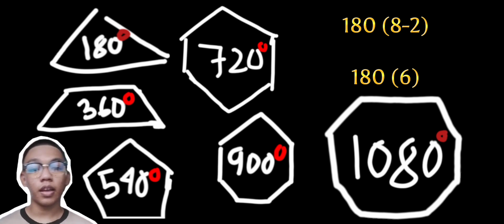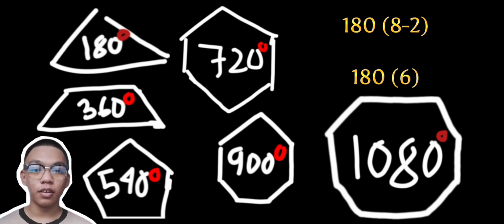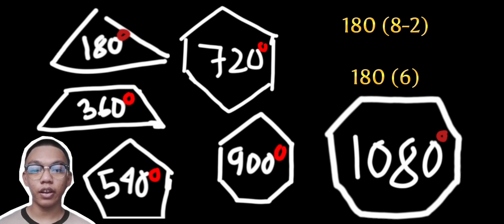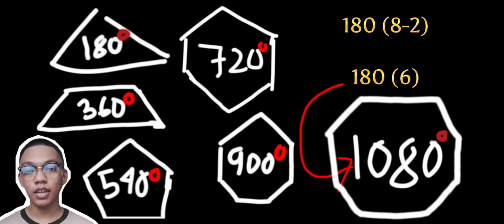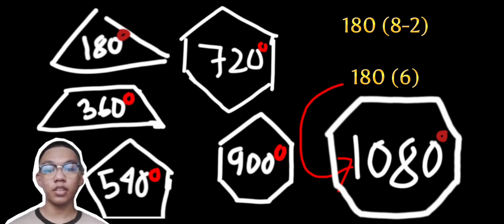You can type in 180 times 8 minus 2, or 180 times 6 for an octagon. So 180 times 6 will give us 1080. So that's the sum of the interior angles for these types of figures.